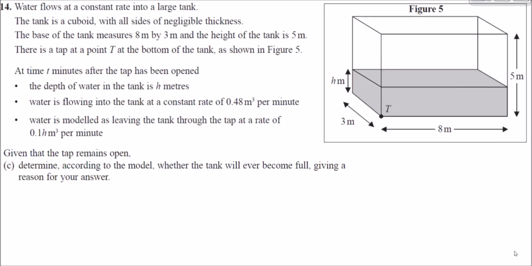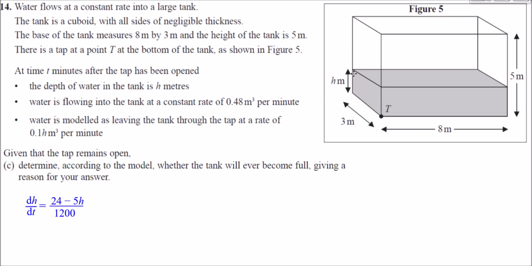Finishing off question 14 is part C. So we're told here that the tap remains open. We need to determine, using this model, whether the tank will ever become full, giving a reason for our answer. So from before, we know that dH by dt is 24 minus 5h all over 1200. So obviously 24 minus 5h is going to be positive for anything where h is all the way up to 4.8.